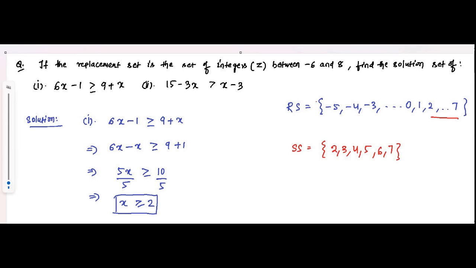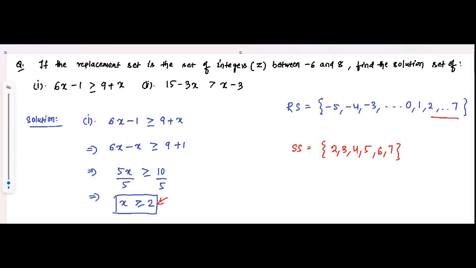This is the choice, okay, this is the pool from which we have to select our solutions which will fulfill this criteria. So the replacement set, they are the options from which we have to pick the solutions which will fulfill the criteria of the inequation which we have solved.